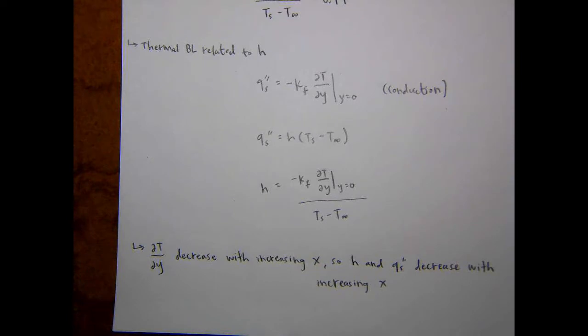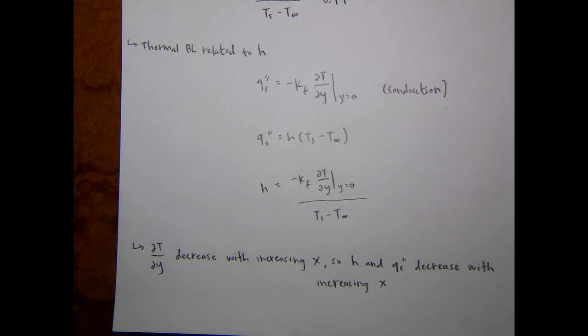So for a given flow over a flat plate, you're going to have both velocity and thermal boundary layers that are developing simultaneously, but they do not necessarily develop at the same rate. And for any given x location, it's not guaranteed that the thickness of the velocity and thermal boundary layers will be the same. In fact, they probably always won't be the same.